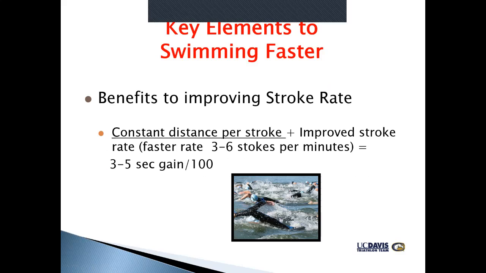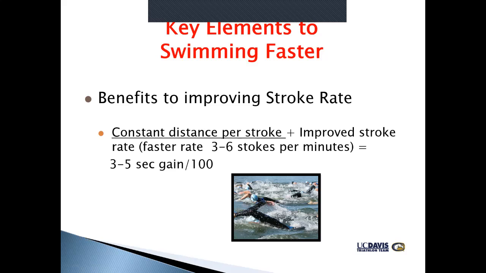All right, so when we talk about making these corrections, obviously we're making these corrections to benefit your performance, and just to give you a sense of what that might be: let's say you make a change to your stroke rate and you make it faster by about 3 to 6 per minute, but you keep your distance per stroke the same. Sometimes that doesn't occur.